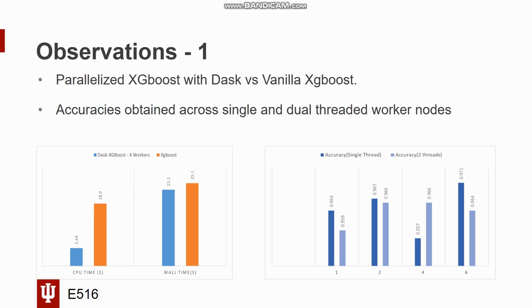Whereas for your wall time, it was 18.9 seconds, and 25.1 seconds for your vanilla XGBoost. Now, the accuracy, even though there is not a lot of variation, you can see that single-threaded machine performed better when you compare to the accuracies that we obtain for dual-thread machines.